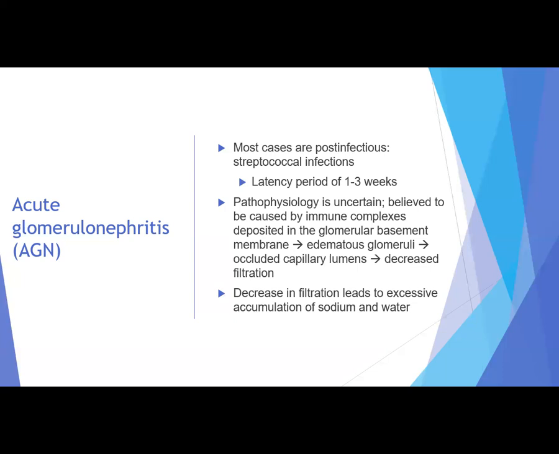The body tries to mount that response, that infectious response systematically, and we can see those glomeruli, as they're trying to protect themselves, get inflamed or edematous, which can decrease the body's capability of filtering out bad bacteria.